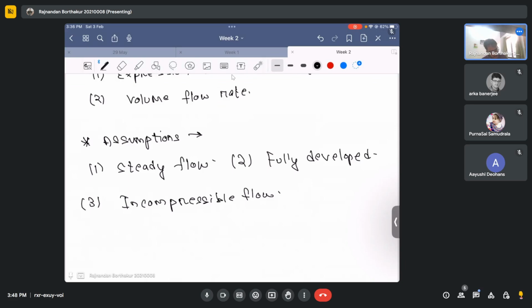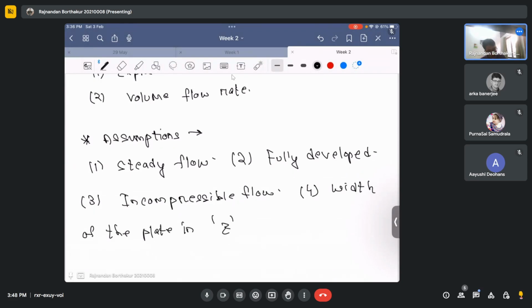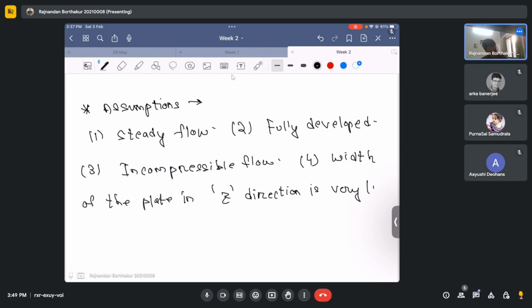Fourth, we say that the width of the plate in the z direction is very large. So these are the assumptions that I have given forward in this problem.